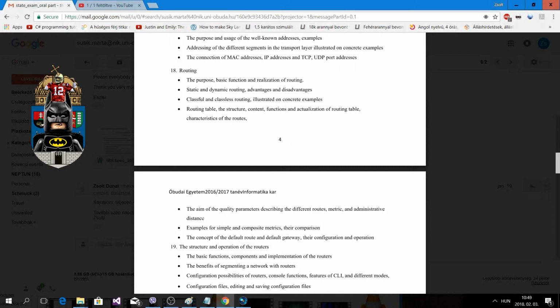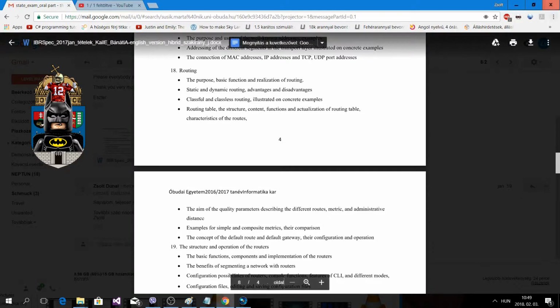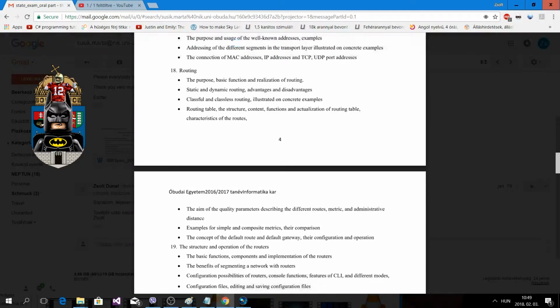Here the important thing is how they learn these entries, as I said, dynamically, for example, etc. And the metric or the cost or the bandwidth is really important, because the different routing protocols are using different metrics or ways to determine the best path from a source to a destination. So the routing table simply helps the router to determine to which direction the packet will be forwarded.